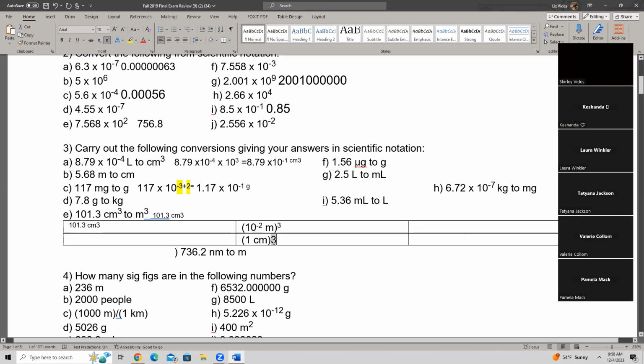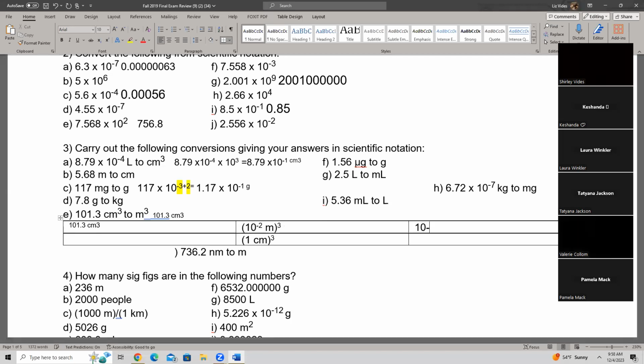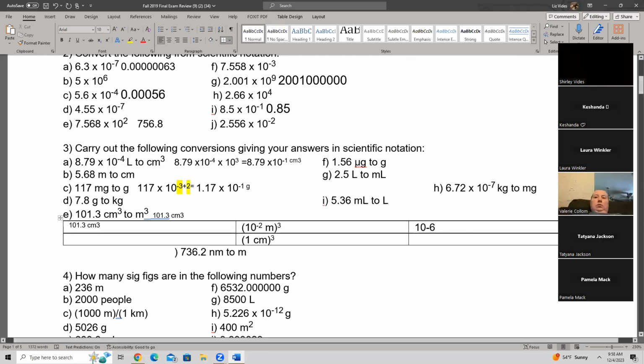So what is 3 times -2? -6. Correct. And that is 10 to the -6 cubic meters, you see? And then bottom is 1 centimeter cube, see? So now, I just did this middle step so that you'd see where it was coming from. Now, all you have to do is multiply it times 10 to the -6, right? So that's our next step here, times 10 to the -6.